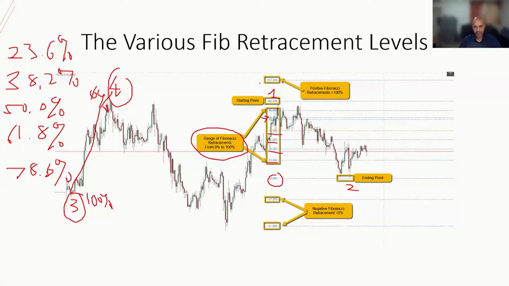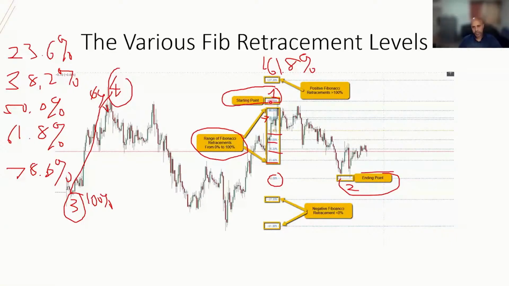Similarly, for extension levels, the Fibonacci levels that are greater than 100%, the key levels are at 127.2% as seen here, and what is not seen is 161.8%. But for now, let's just focus on the retracements, 23.6% to 78.6%. As I mentioned, we started this retracement at 0.1, which is 100%, and we end at 0.2, which is 0%.